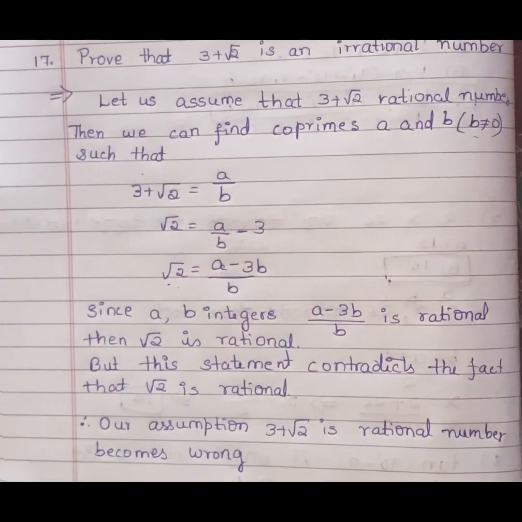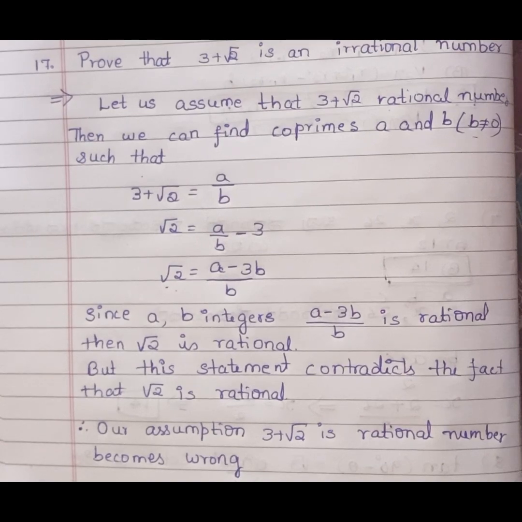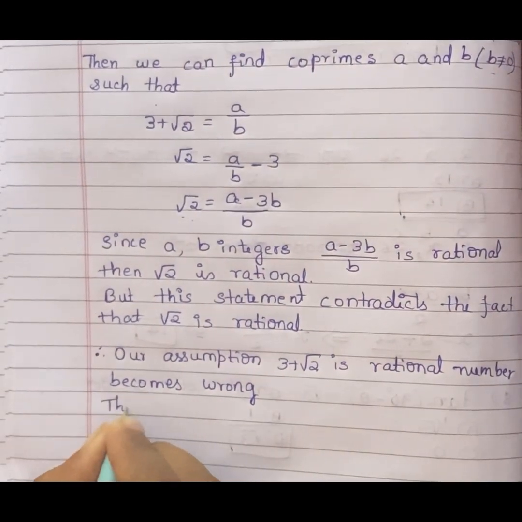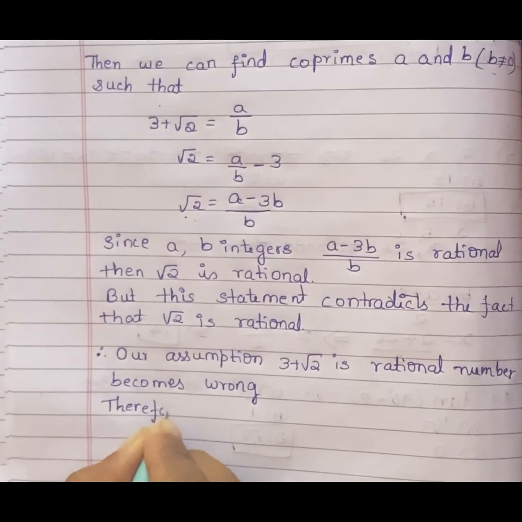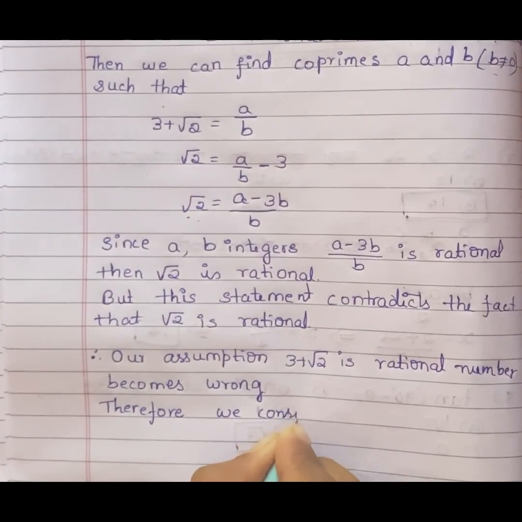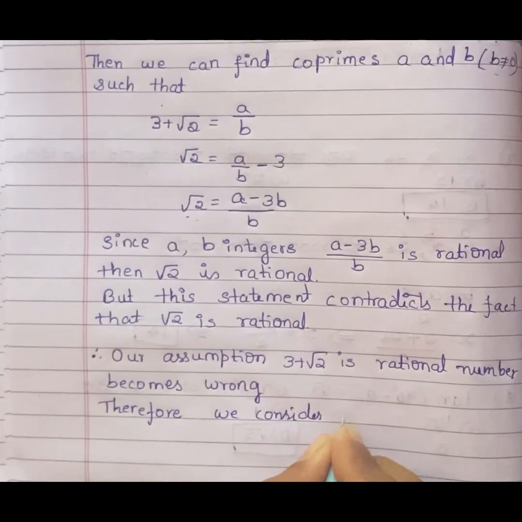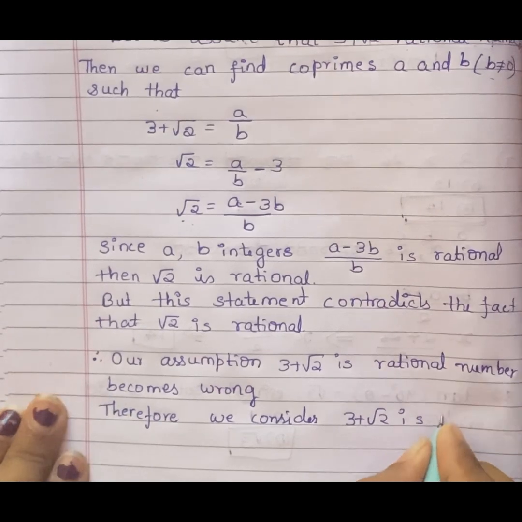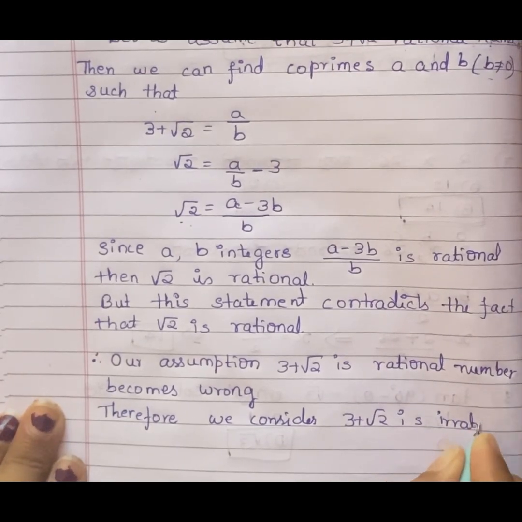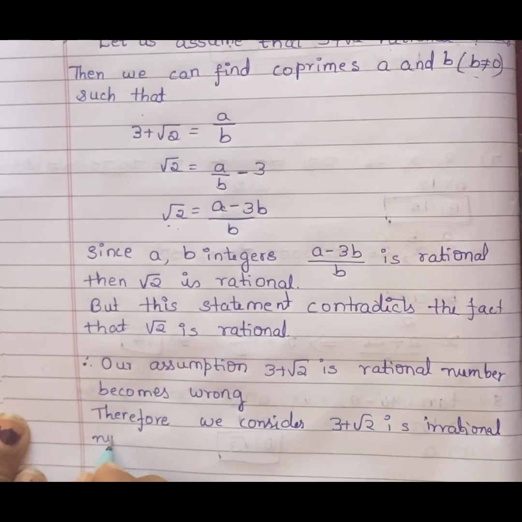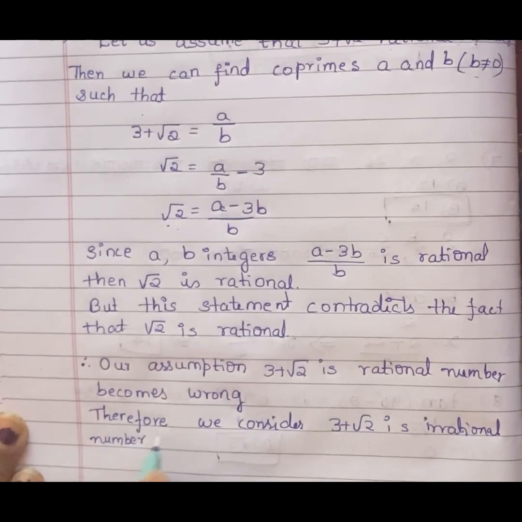So we need to write all these steps. Therefore we consider 3 plus root 2 is an irrational number. This is the final statement.